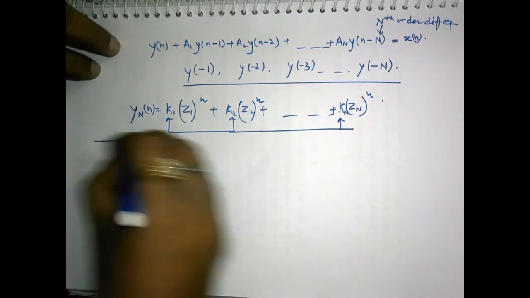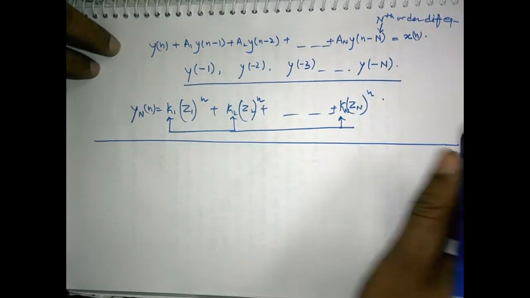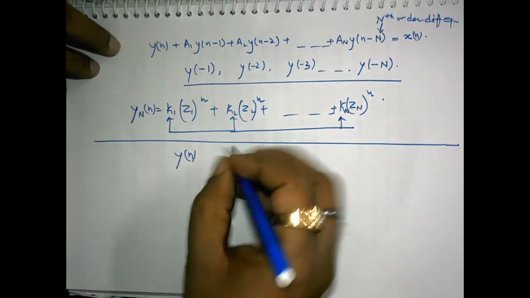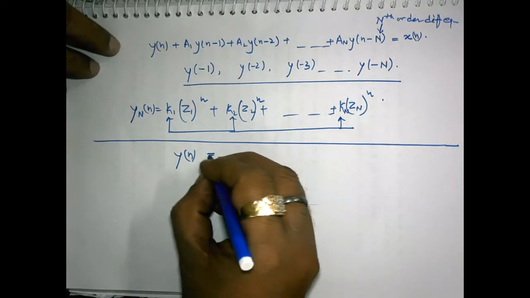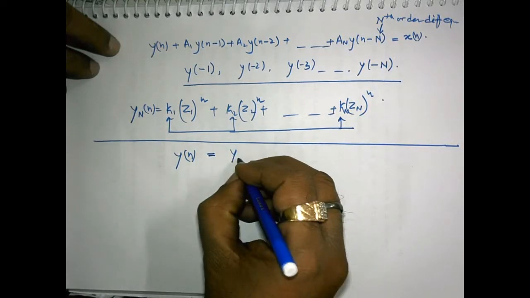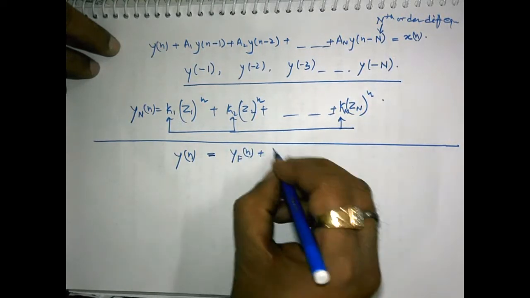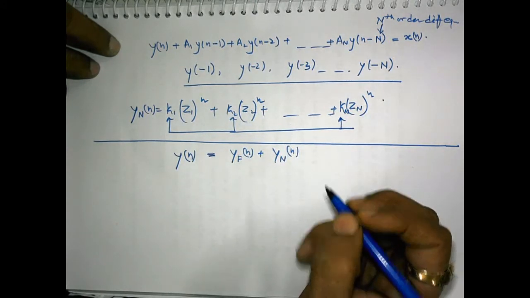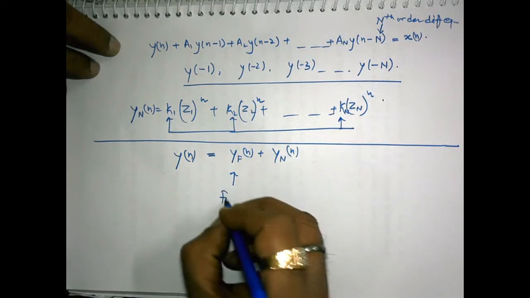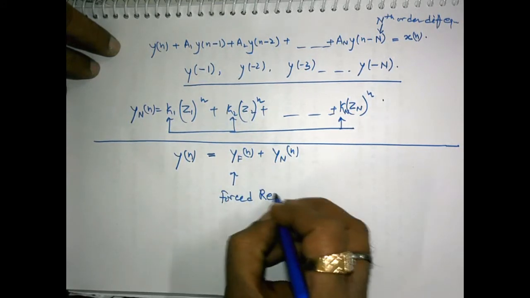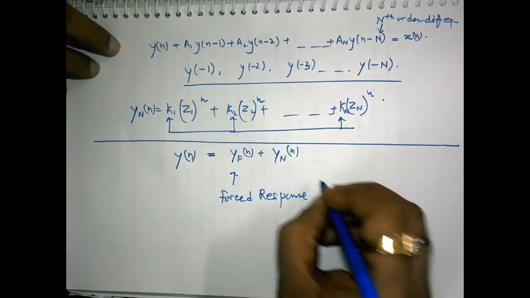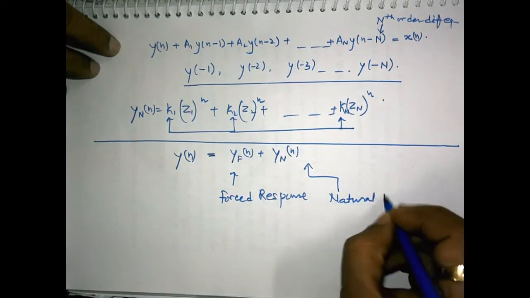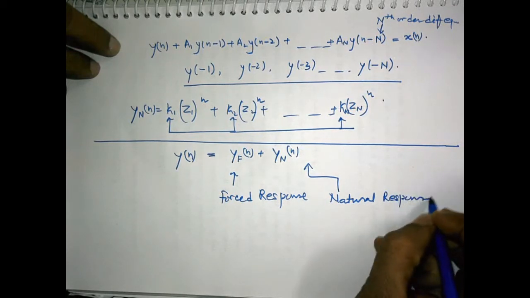So we have evaluated the same system output yn in the form of yf n plus yn n, the forced response and the natural response. This is called the forced response of the system, and this is called the natural response of the system.